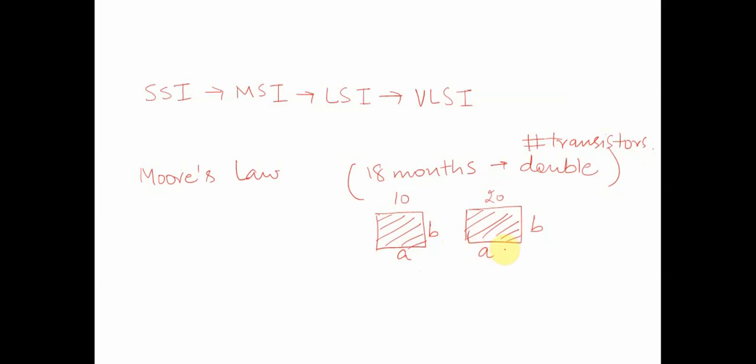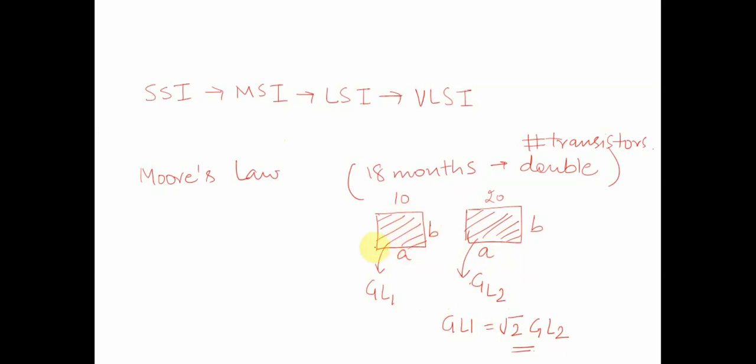This is because your gate length decreases by a factor of root 2. Let's assume that over here the transistor gate length was GL2 and here the transistor gate length was GL1. So GL1 is root 2 times GL2, which simply means that you could pack double the transistors in the same area.